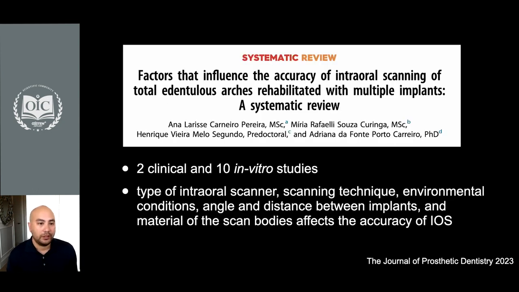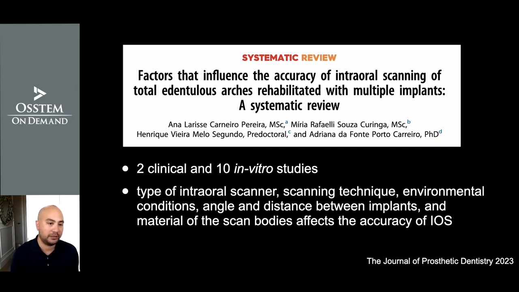If we look at this most recent study, which included 2 clinical and 10 in vitro studies, there are a few factors that can influence the accuracy of intraoral scanning: the type of intraoral scanner, the scanning technique, the environmental conditions, the angle and distance between the implants, and the material of the scan bodies, which could also affect the accuracy of the intraoral scanning data.